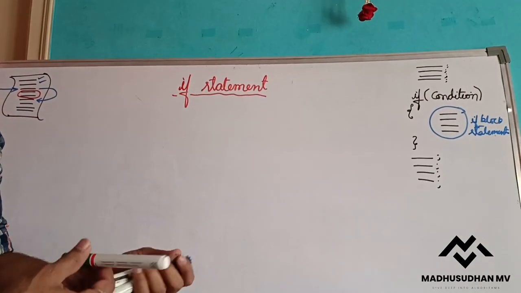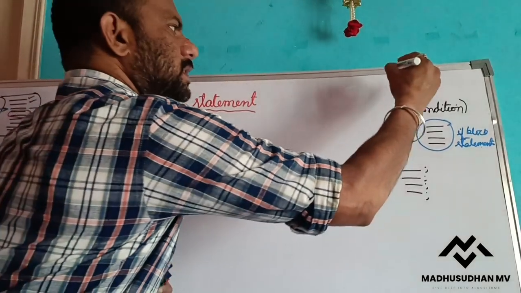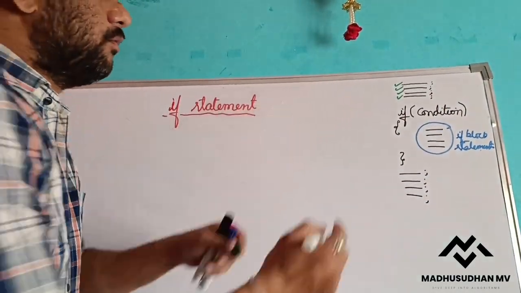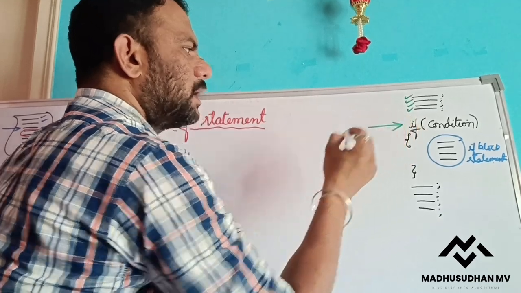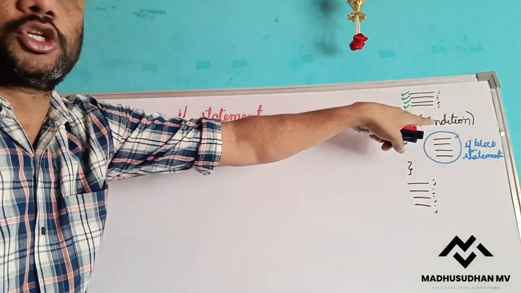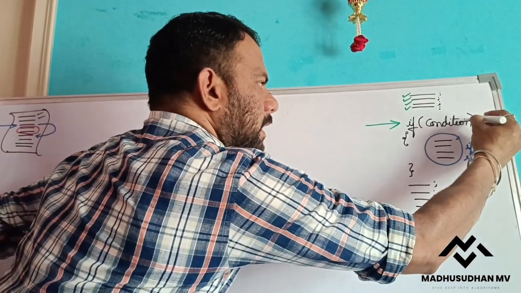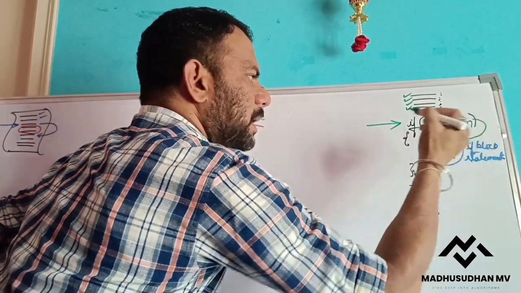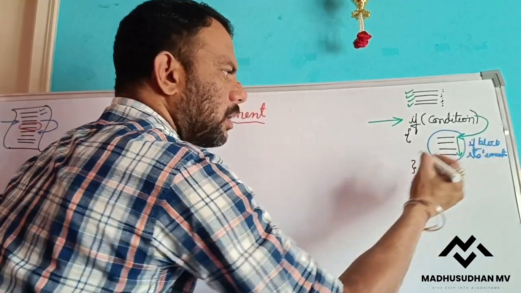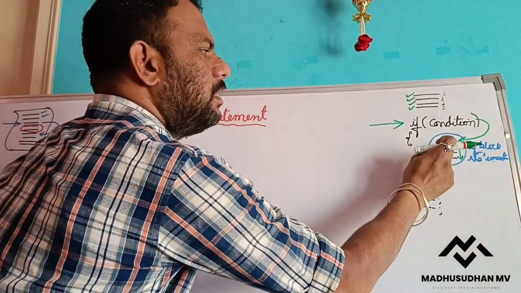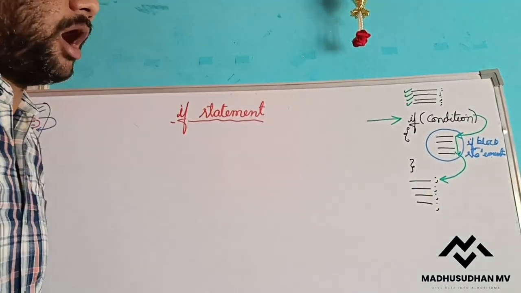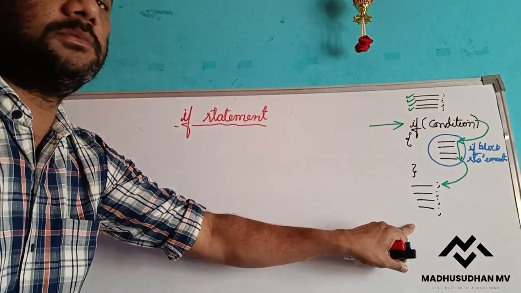Now I'll explain. Assume these three statements executed in sequential order. When control comes to this statement, it checks the condition. If the condition is true, control enters the first statement within the if block and executes all the statements of the if block. After executing all the statements of the if block, control goes to the first statement outside the if block, executes it, and continues like this.